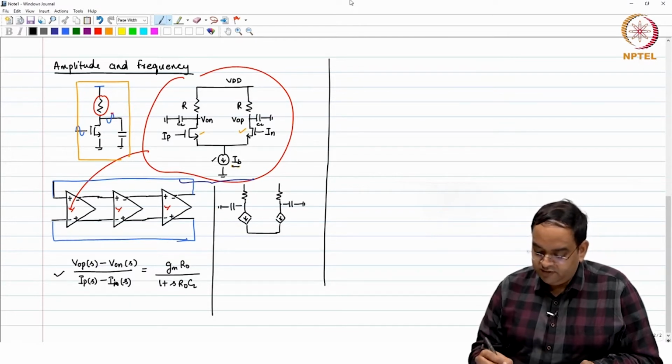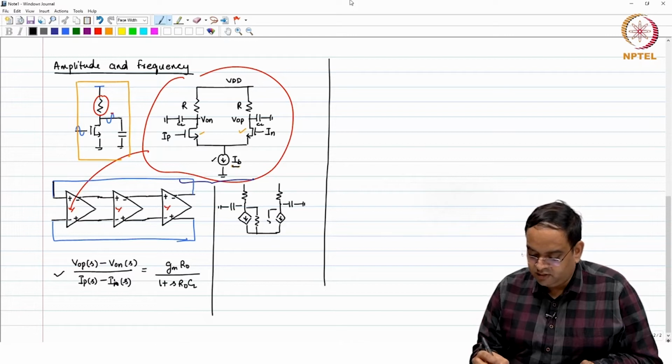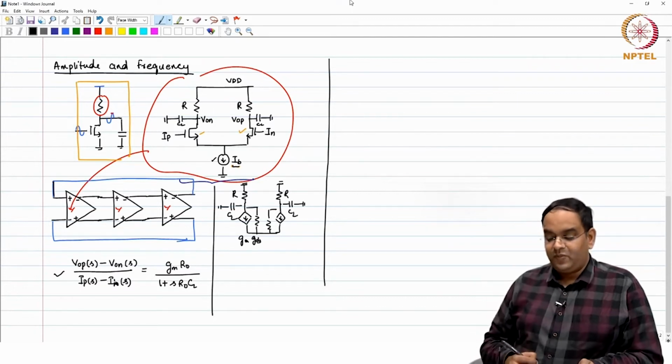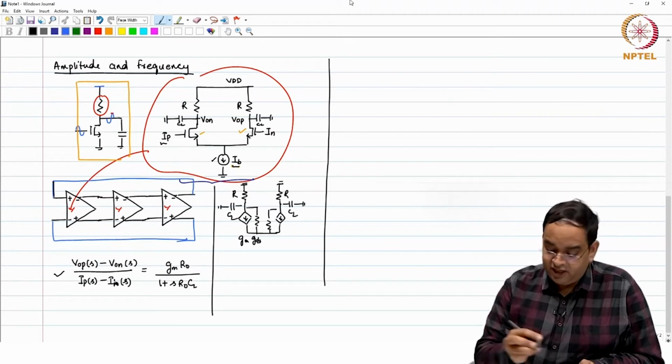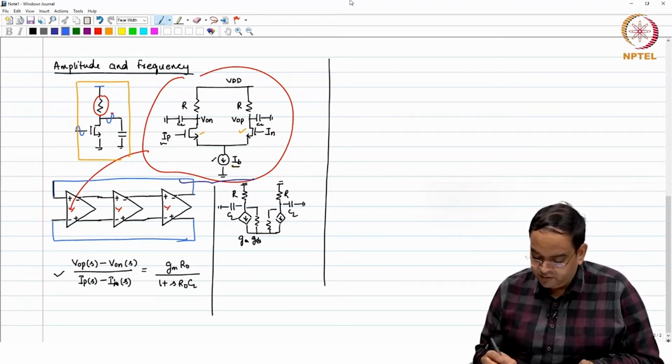Now, if there is any GDS of the transistor, the GDS will also come in. This is ground, this is ground. So, this is R, CL, R, CL. You have GM and GDS, and corresponding IP and IN you are going to have at the input.